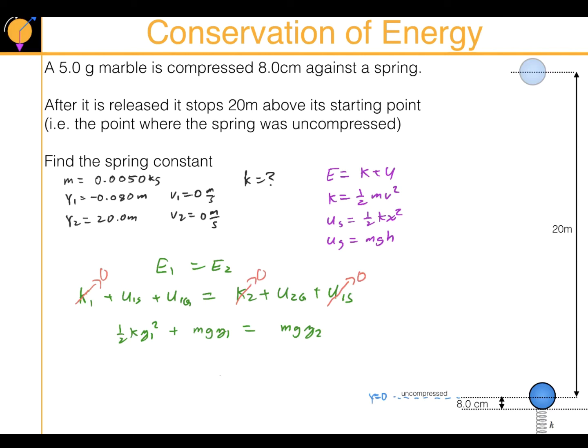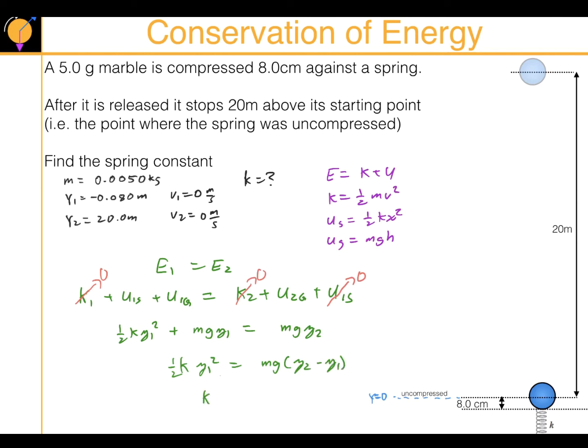So let's solve this for k in steps. We have 1/2 k y1 squared is equal to, I'm going to move that mg y1 over, and I factor out the mg, I end up with y2 minus y1.